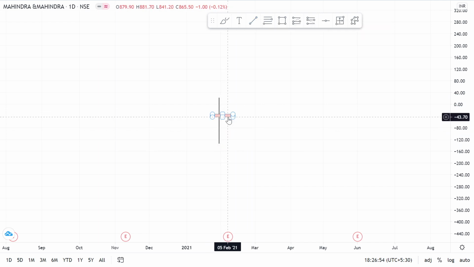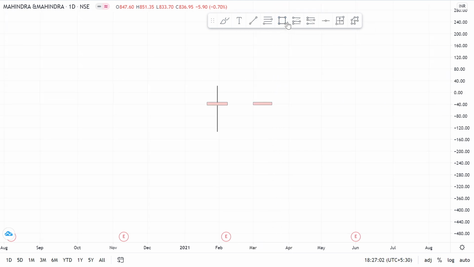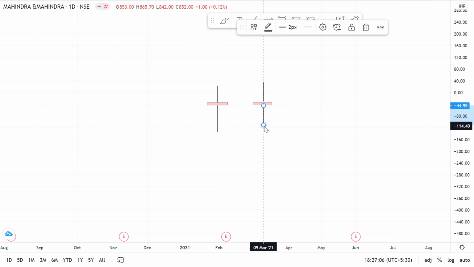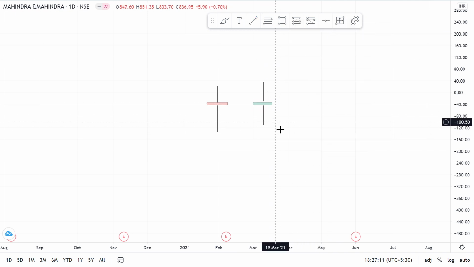So this right here is a doji, and also this. The color of the doji could be either green or red, it doesn't make much of a difference.